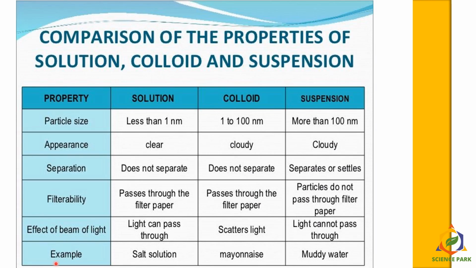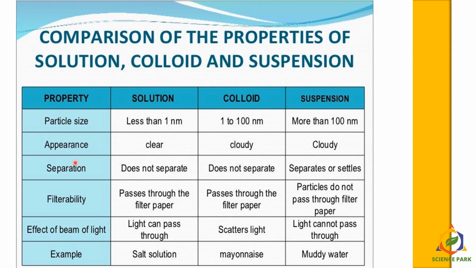Finally, let's compare the properties of solution, colloid and suspension. First, we'll see particle size. As we have discussed earlier, the particle size in a solution is less than 1 nanometer, very small, whereas in a colloid it is from 1 to 100 nanometers, and in a suspension the particle size is always more than 100 nanometers.